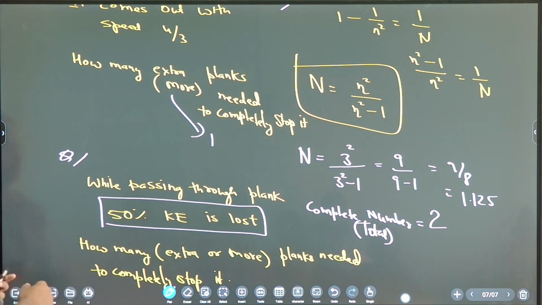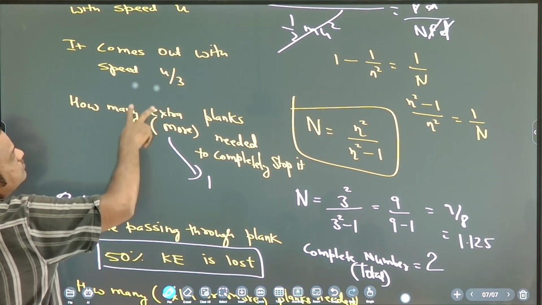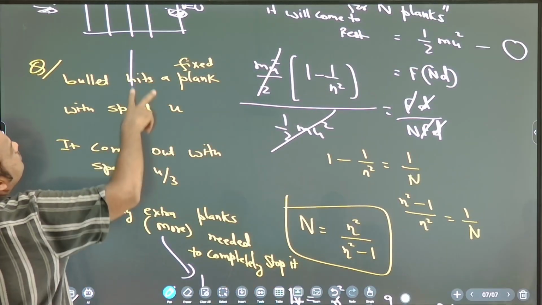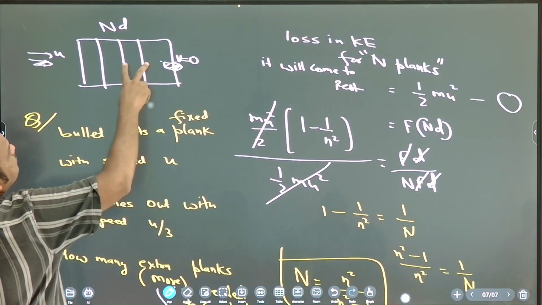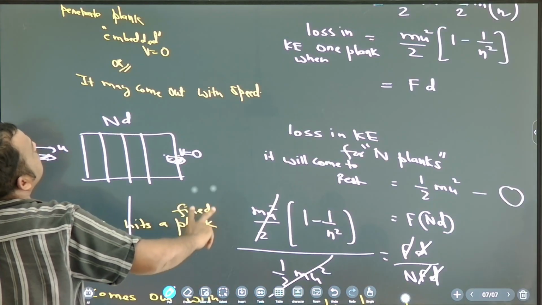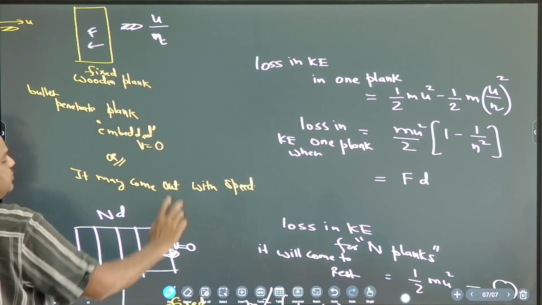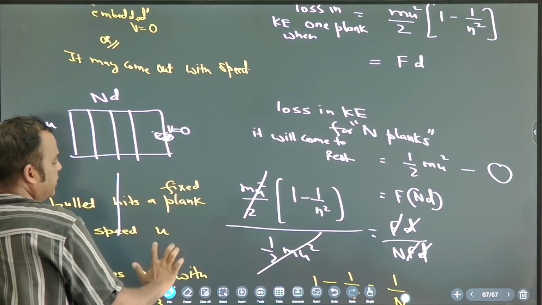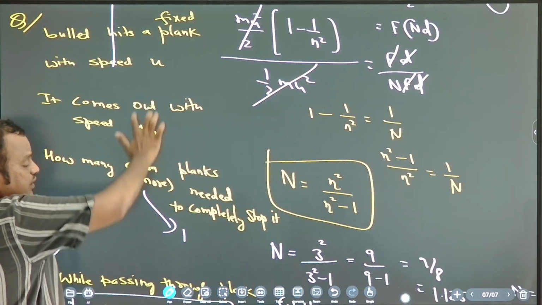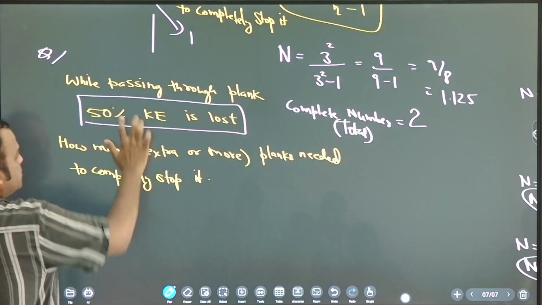Okay, but the formula is in terms of U by N. Can you find out N in this question? Small n.